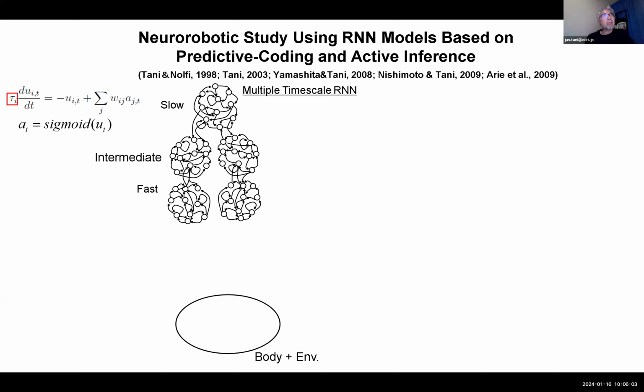In this recurrent neural network, the higher layer operates slowly, that is, the time constant here is large. And this is the first layer, where the time constant is much smaller, and that's why it changes fast. That's the kind of connectivity we consider.